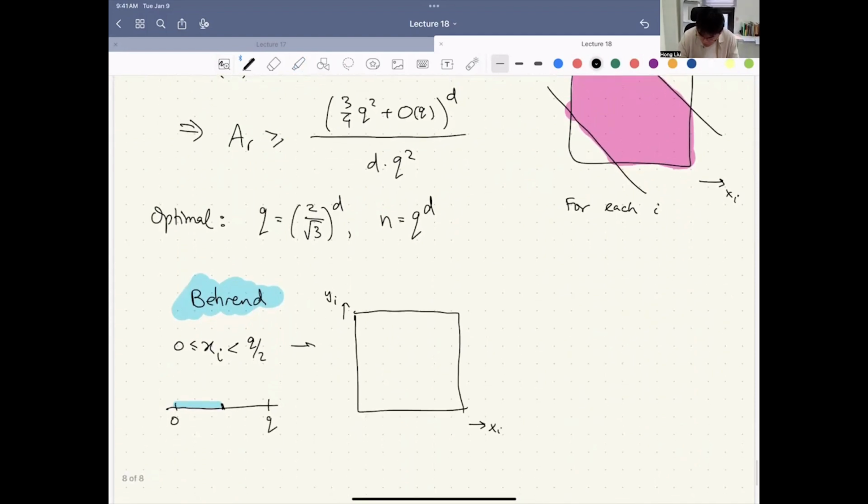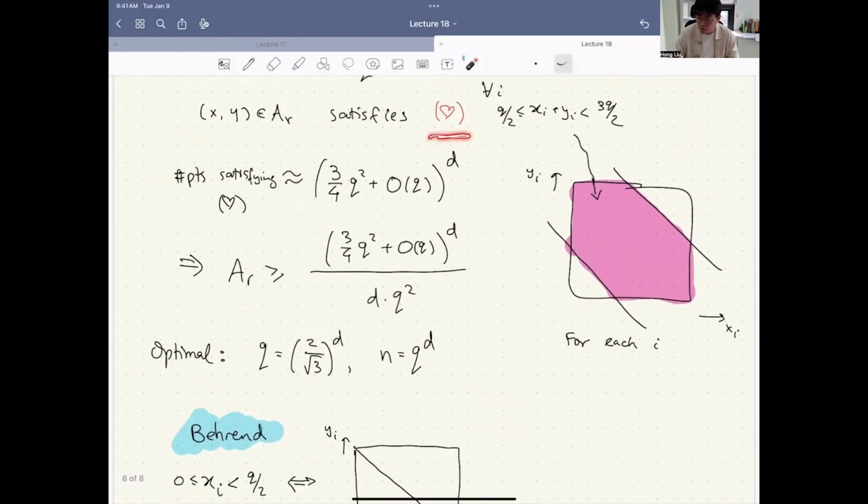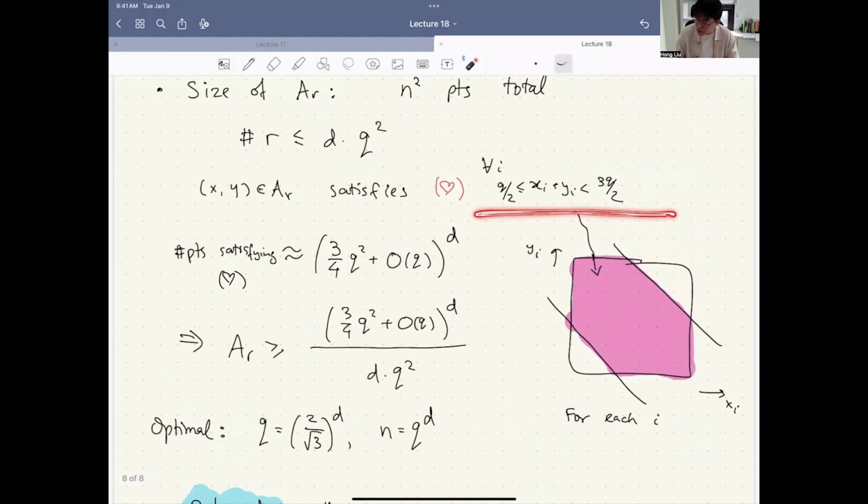This condition is basically the same as saying we only take points where xi plus yi is between 0 and q. Then still, mod q, if two things are the same mod q, then two things are the same without mod q. This is basically what we use for heart, right? How we use for heart to overcome the overflowing issue is that if the sum of the coordinates are the same mod q, then they are the same without mod q.